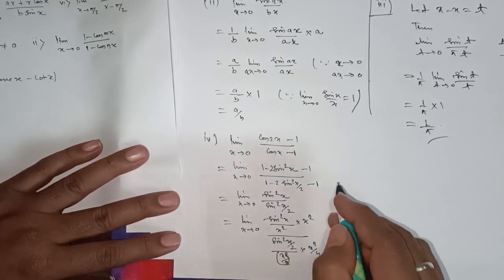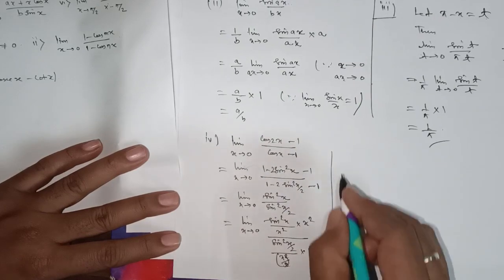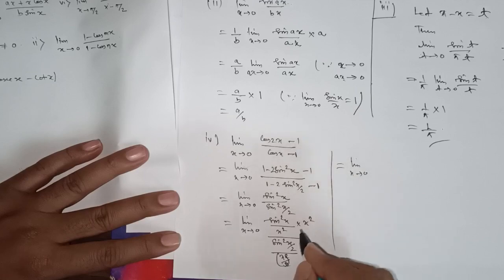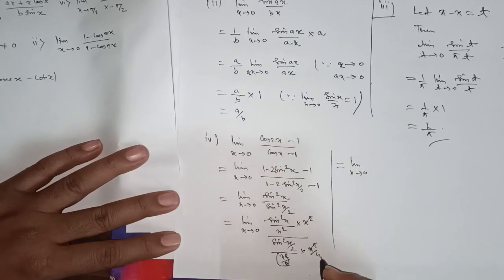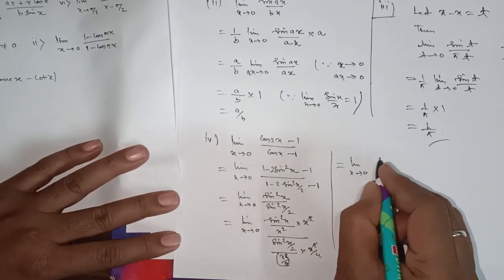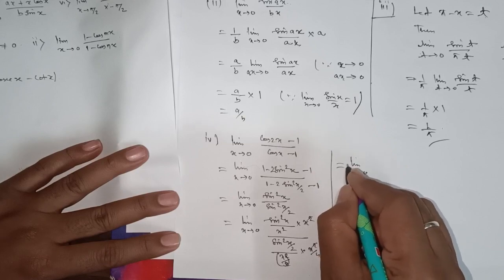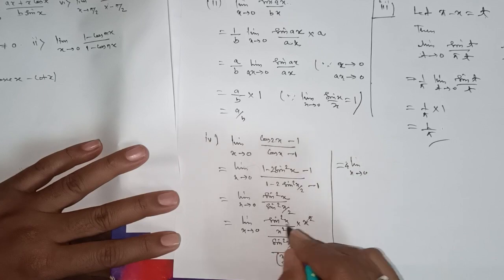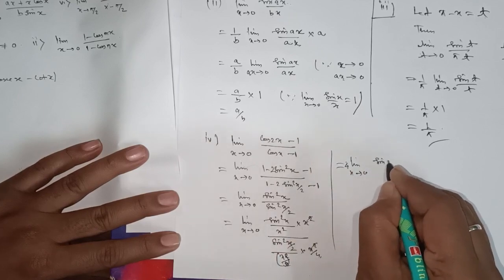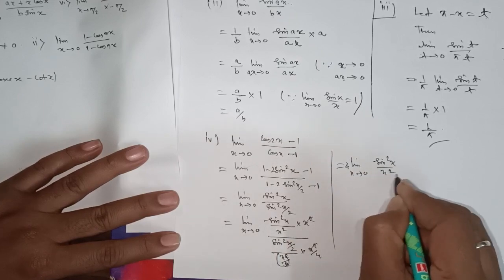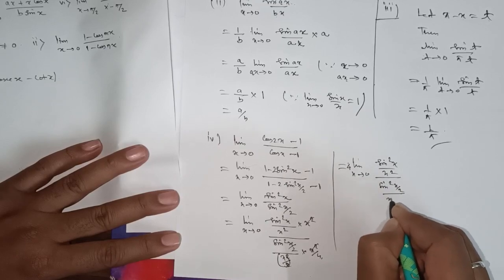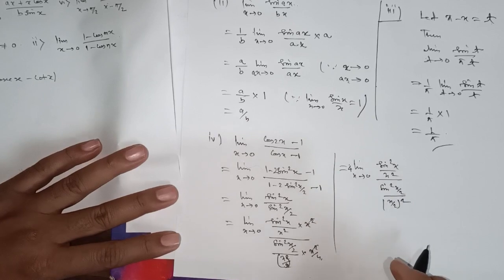So this gives us, this x square cancels, 4 will go up, so you can take out 4 directly outside as it is a constant. We'll get here sin square x by x square, divided by sin square of x by 2 by x by 2, the whole square.